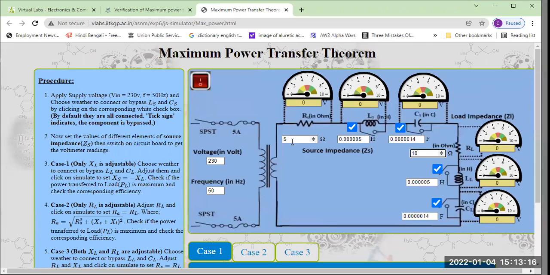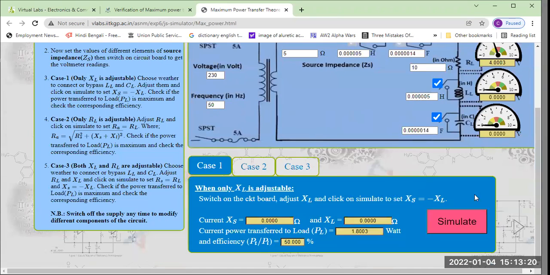Source resistance is 5 and load resistance is 10. Now if we check this, just simulate. Look, your power is 1.6003 and the efficiency is 66%, but the maximum power is not transferred.